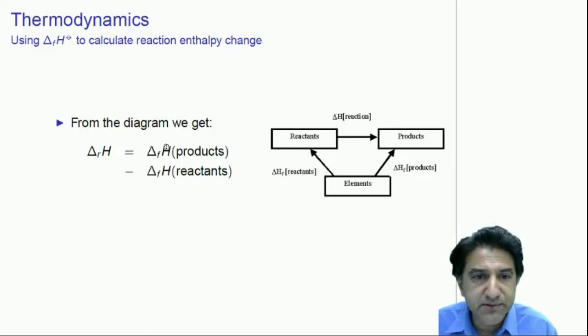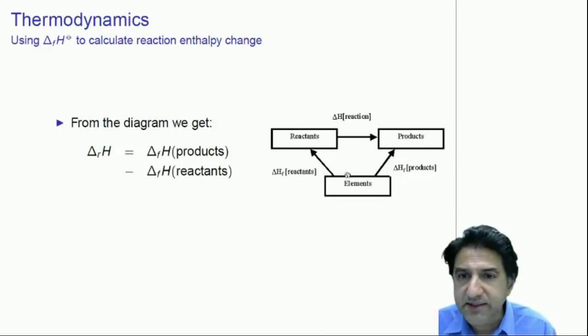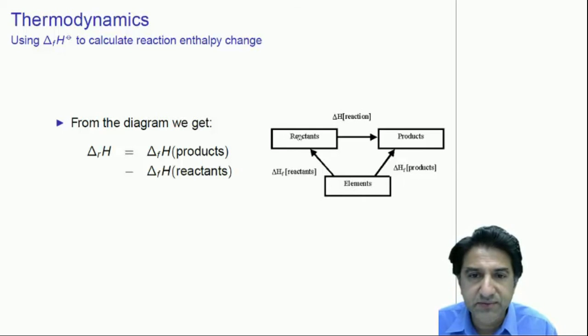These are heats of formation relative to the reference element states. And here's the diagram that shows what's going on here. From the elements in their reference states, we can form reactants or we can form products. Therefore, we can form from the elements the reactants, and from the reactants we can form the products. So there are two different ways we can form the products.